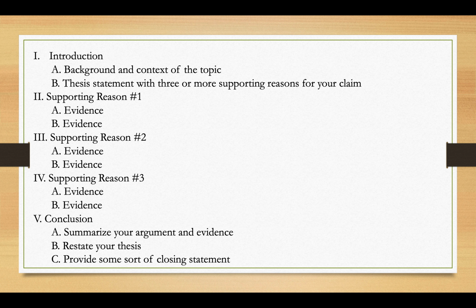So you'll notice we have our introduction, which includes a background and context of the topic, as well as your thesis statement, then 3 supporting reasons. And each of those Roman numerals there, 1, 2, 3, 4, 5, are going to be their own paragraph or multi-paragraph. They're going to certainly be their own section in the paper. And then at the end, you're going to have your conclusion where you summarize your argument and evidence, you restate your thesis, and then you provide some type of closure.